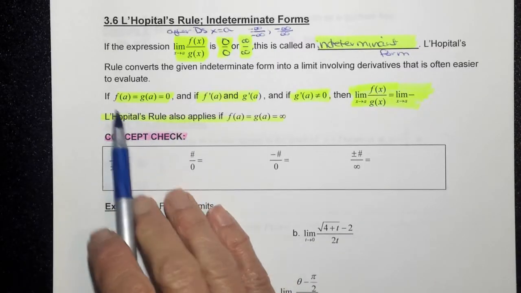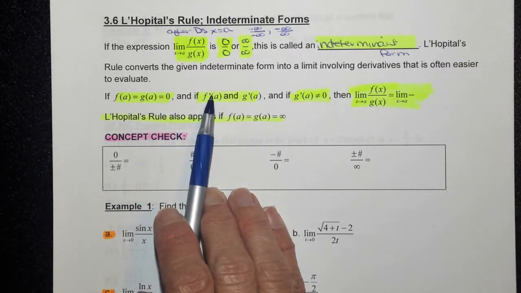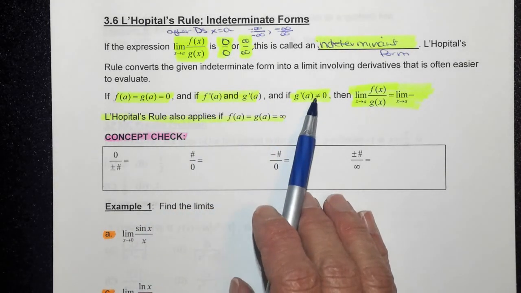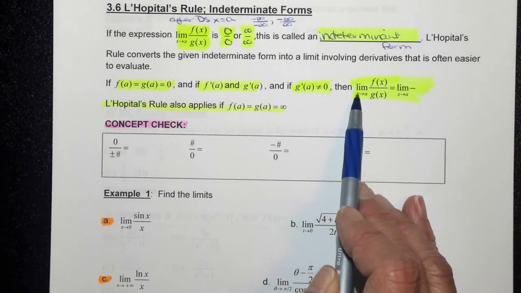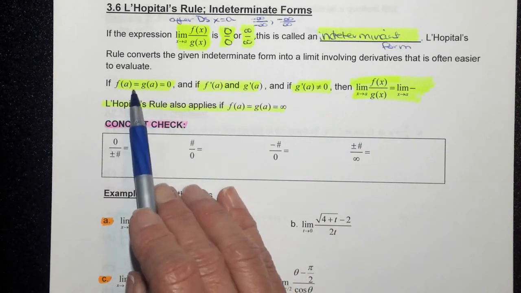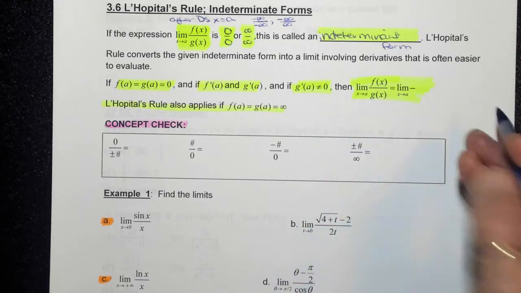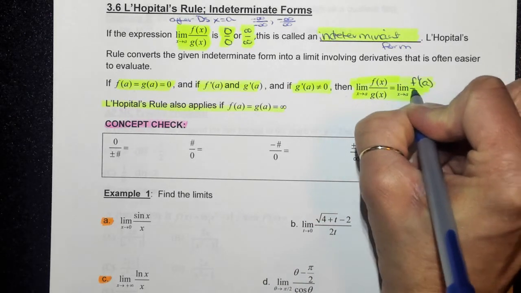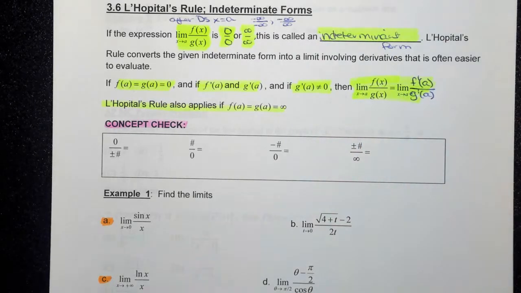So, if f of a and g of a are equal to 0, and if their derivatives exist, meaning that g prime of a is not equal to 0, then if you're given the limit as x approaches a of f of x over g of x, and plugging in a gives 0 over 0, you can evaluate the limit as x approaches a of f prime of a divided by g prime of a.